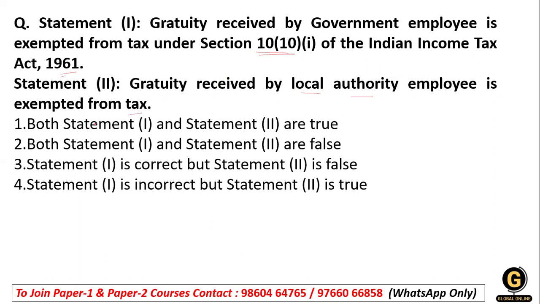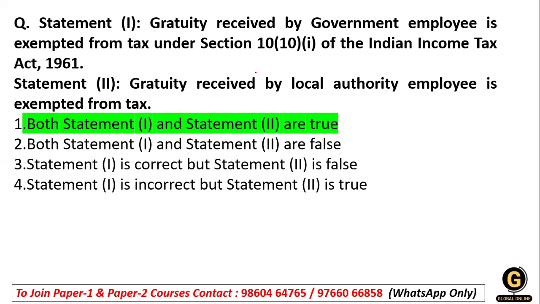So what will be the right answer for this question? The options are given below: both statements A and B are true; both statements are false; the first statement is correct and the second is false; and the fourth one, statement 1 is incorrect and statement 2 is true. Okay, so first, we have to see the right answer. Option number 1 is the right answer here.